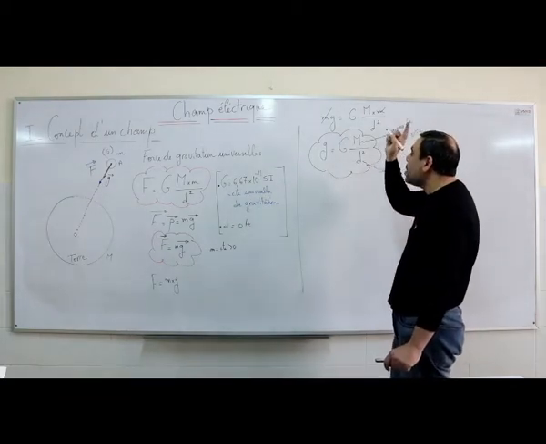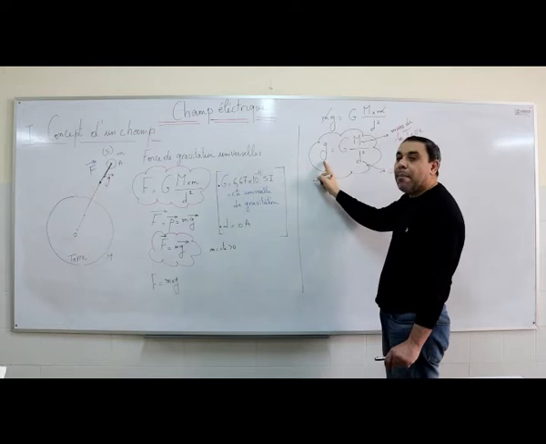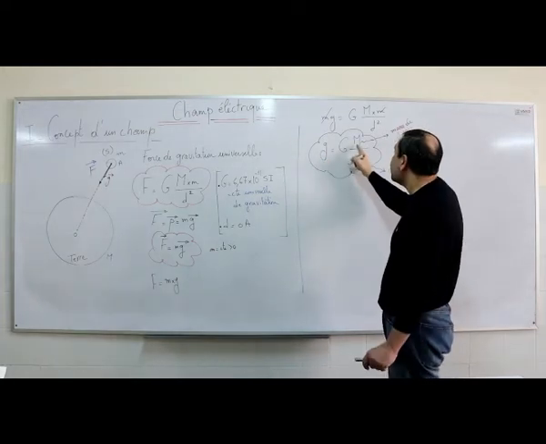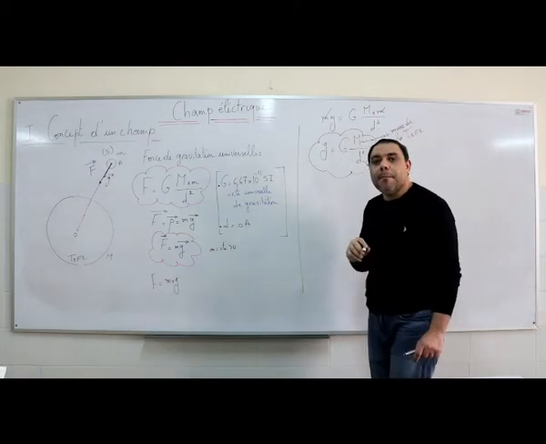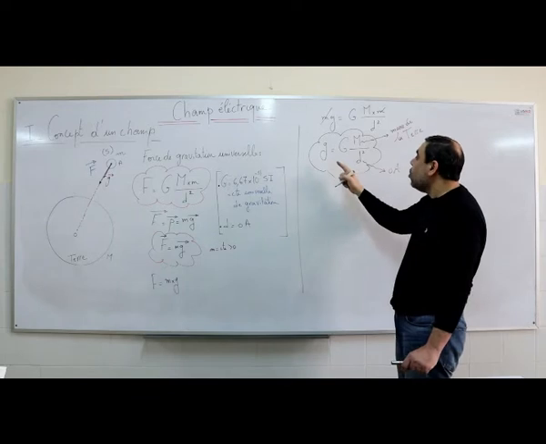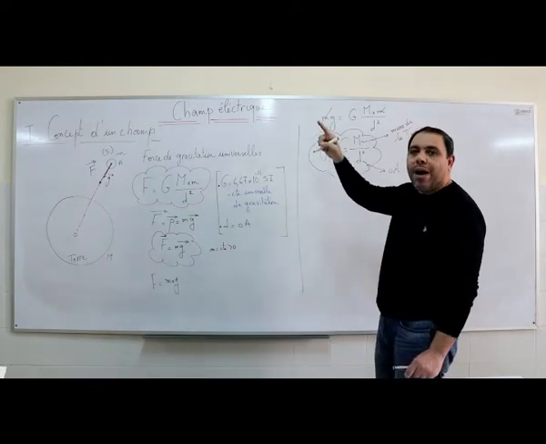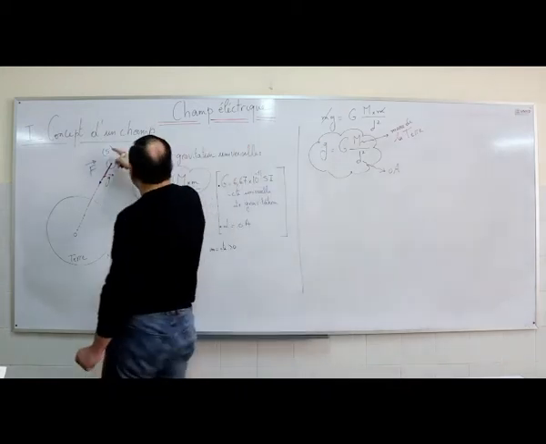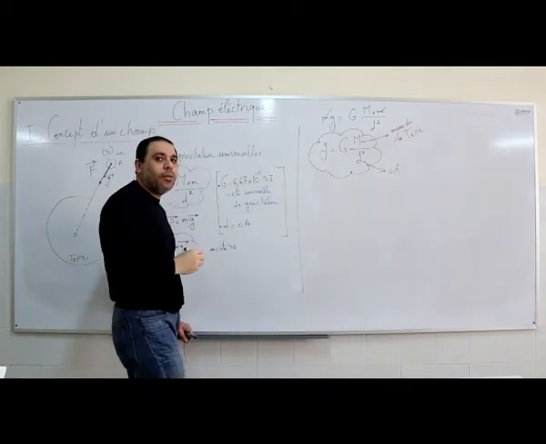Note that the quantity responsible for the emergence of this field is the mass of Earth. The magnitude of the gravitational field depends on the height, or the distance from the center of Earth.